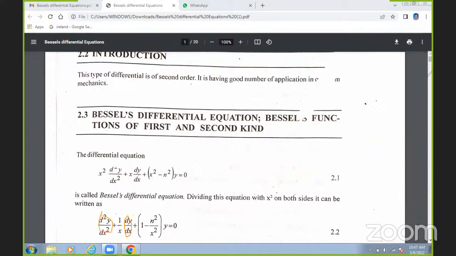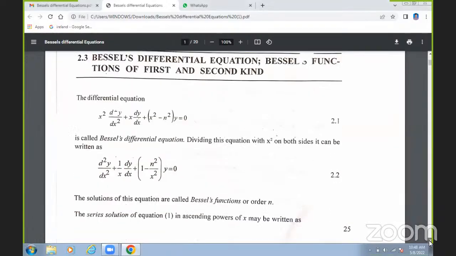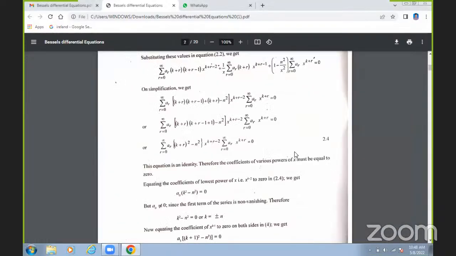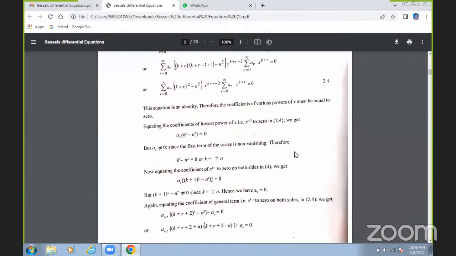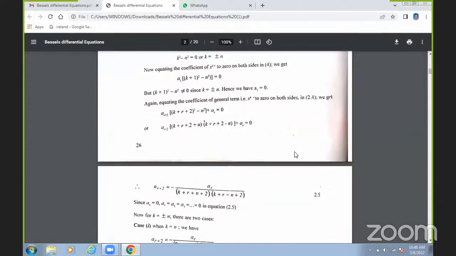So what we have to do is differentiate the solution which we have assumed, y is equal to summation of r equal to 0 to infinity of ar x to the power of k plus r. So that is the y value.